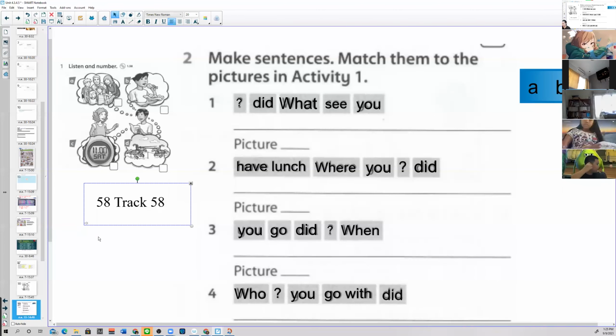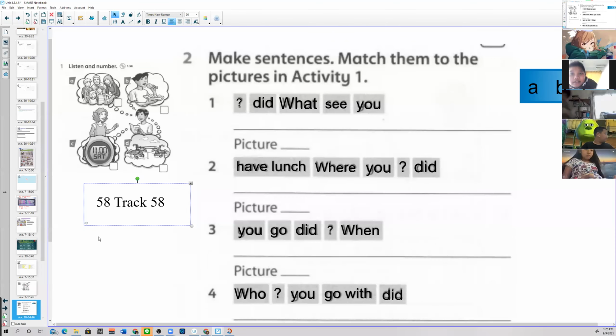Listening 1.58. Listen and number. I went to the castle at the weekend. Northcourt Castle. Was it good? Yes, fantastic. Number 1. When did you go? We went on Saturday. We arrived at 11 o'clock. Number 2. Who did you go with?